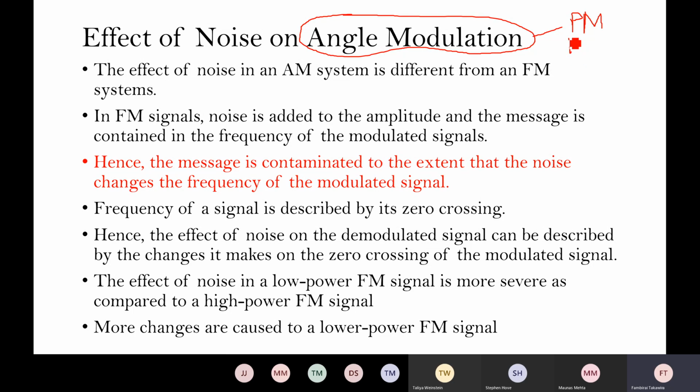Those are the two nonlinear schemes that we have. Alternatively, they are called angle modulation because they involve modulating the phase of the carrier rather than the amplitude of the carrier. Now, the calculation of the signal-to-noise ratio at the output for frequency modulation and phase modulation is a bit complicated.